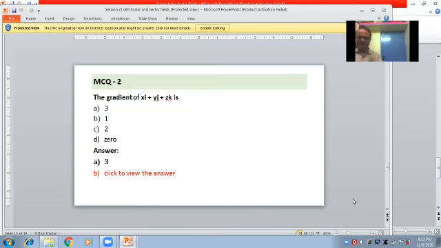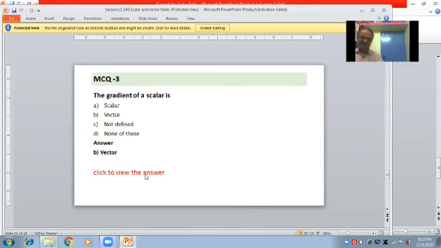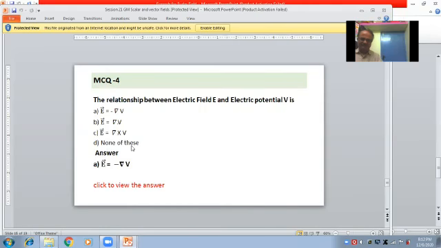So each time it gives 1, 1, 1. So 1 plus 1 plus 1 is 3. So the answer is 3. And the gradient of the scalar is a vector because it is the property of this gradient or the del operator. When the del operator operates on a scalar, it converts that scalar into a vector.